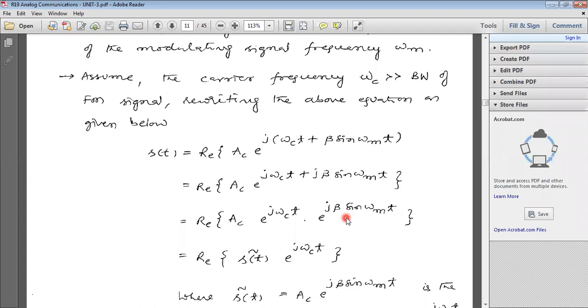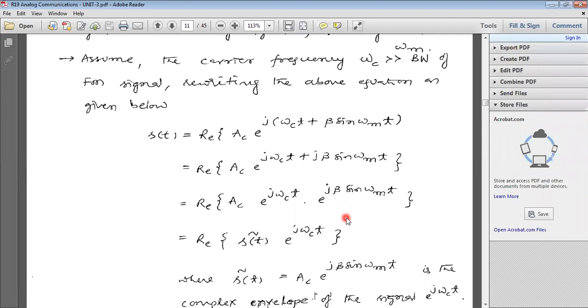Now, sin omega mt is a 90 degrees phase shift signal. Always we take the message signal as cos omega mt, Vm cos omega mt. So here we have a 90 degrees phase shift, then it becomes sin omega mt, and that signal is considered as complex envelope. So Ac into e power j beta sin omega mt is considered as the complex envelope of s of t.